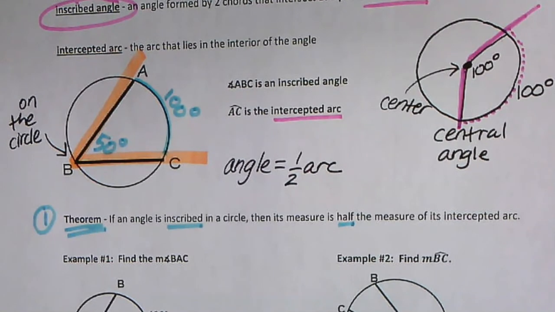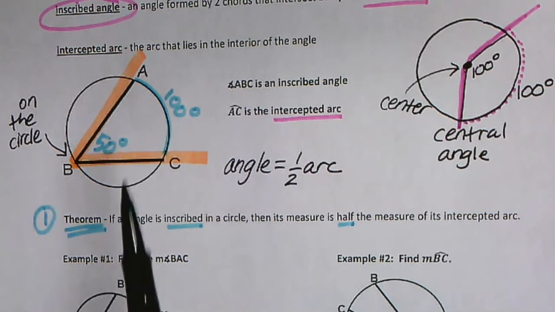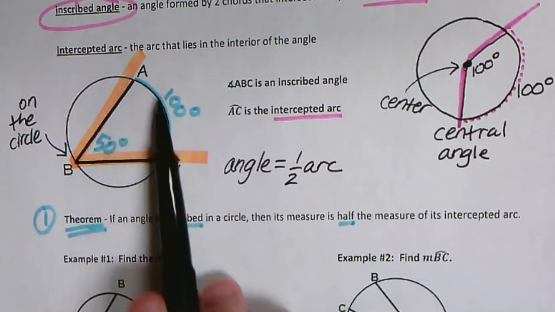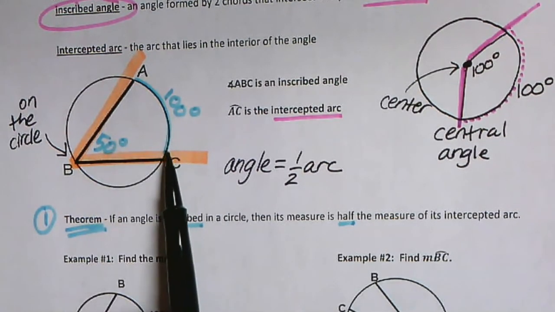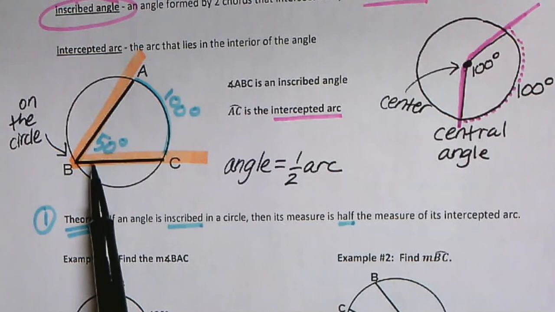And remember, that means the arc is twice as big as the angle. The classic example I like to think of is if one thing is half the size of the other and the other is twice as big, like if you are half my age, then that means I'm twice your age, or two times as old. So you really have to be able to keep straight which one's bigger. The bigger one here is the arc itself. The half is the angle.